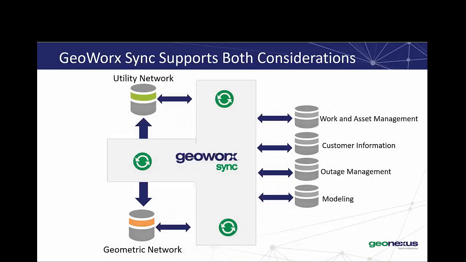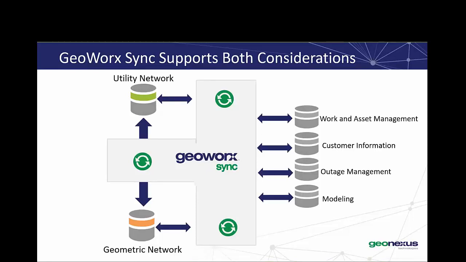So if you look at GeoWorx Sync as a product, or a platform, we have connectors that allow it to connect from the geometric network to a variety of third-party enterprise business systems through productized connectors. We also allow you to synchronize two geodatabases together, right? And so using our geodatabase to geodatabase connectors, we can now synchronize your geometric network and your utility network.